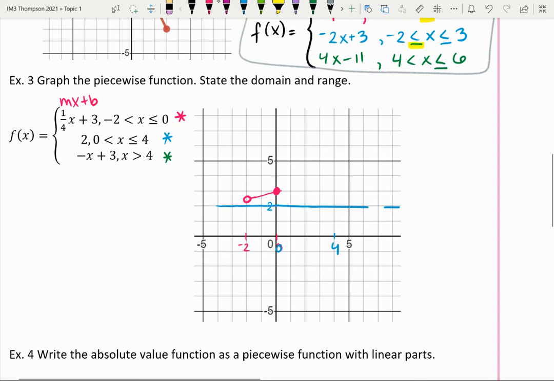So I'm going to erase everything that falls outside of those boundaries. Now at 0, I have an open circle, and at 4, I have a closed circle.